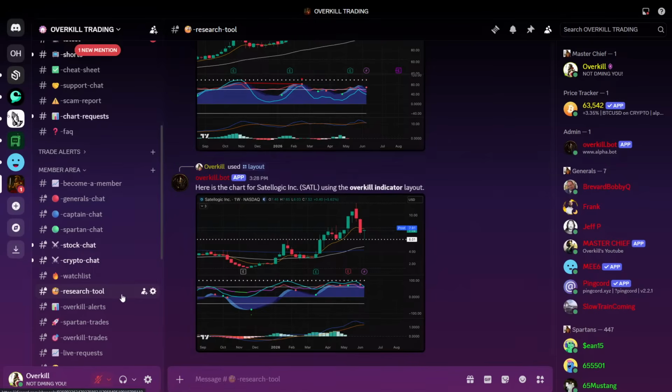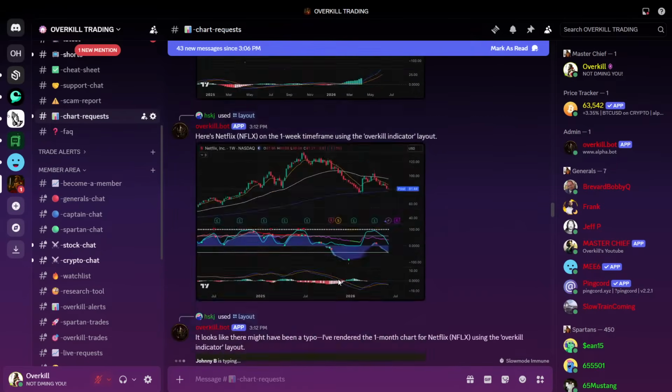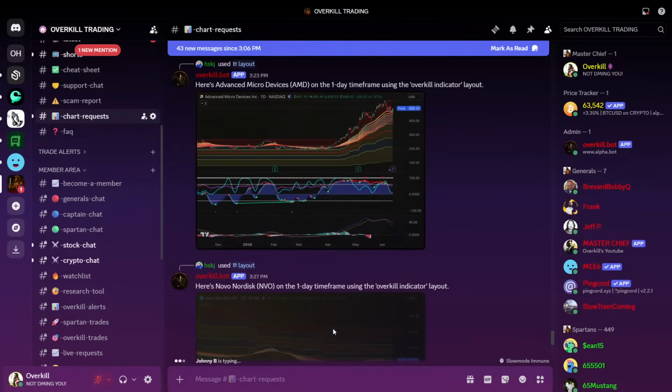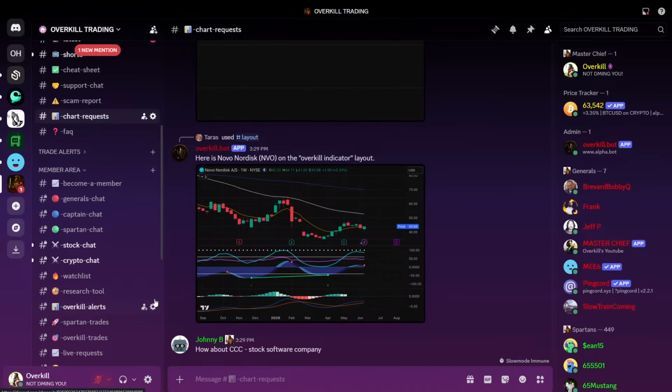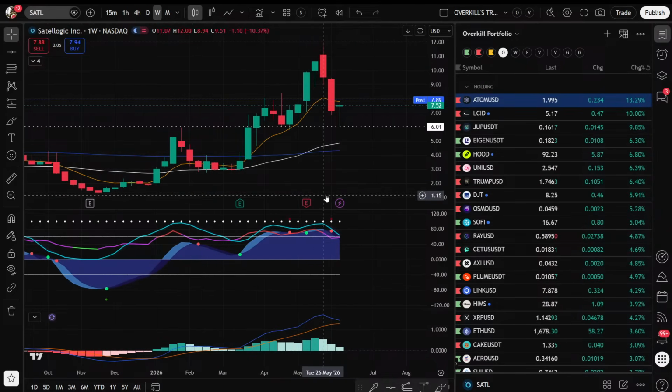So we have developed this feature where you guys can just request your own charts at any time. You just ask the AI, and it will automatically pull up whatever chart you're looking at. You can see everybody using it over here in the Discord. I have a video dropping on YouTube that's going to show you how to use it. Again, I apologize for it being down yesterday. It's brand new, so I'm still learning the ropes.